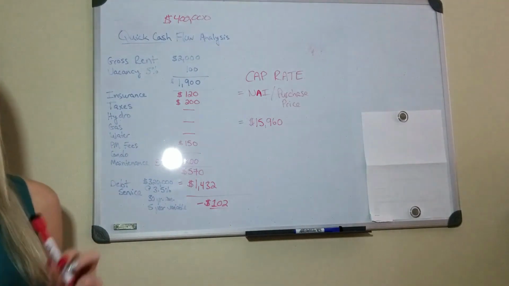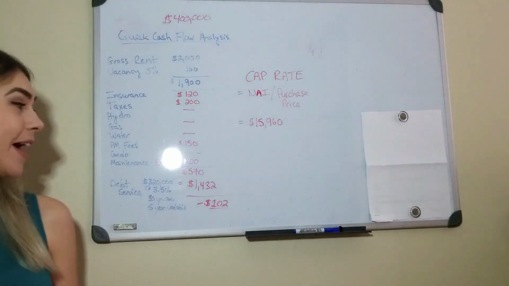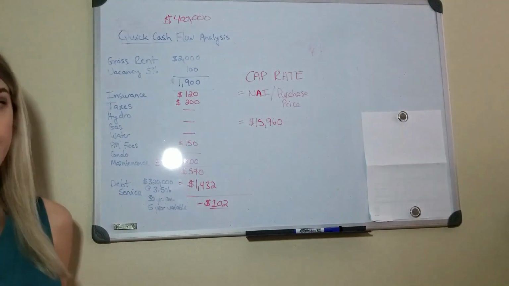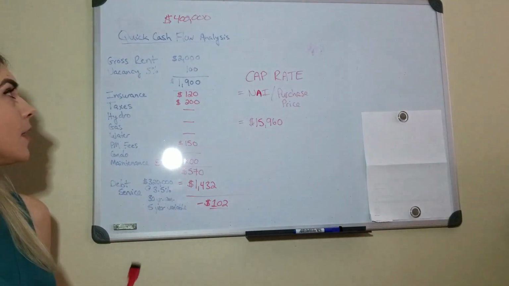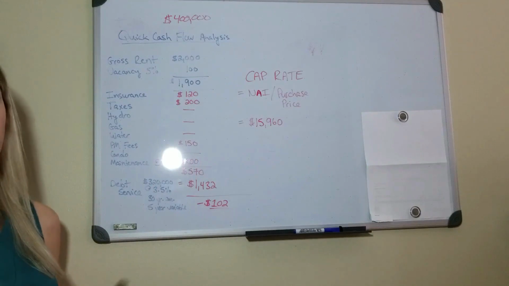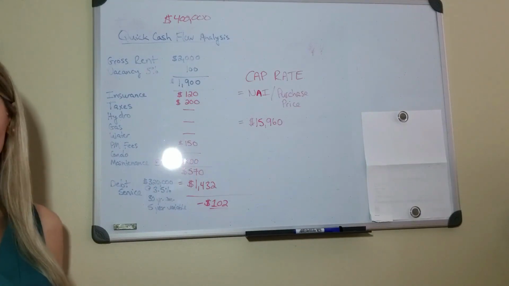Now, there's a caveat to this and a little bit of an exception that I would say. And that is that $2,000 for rent is pretty low, especially in Guelph.